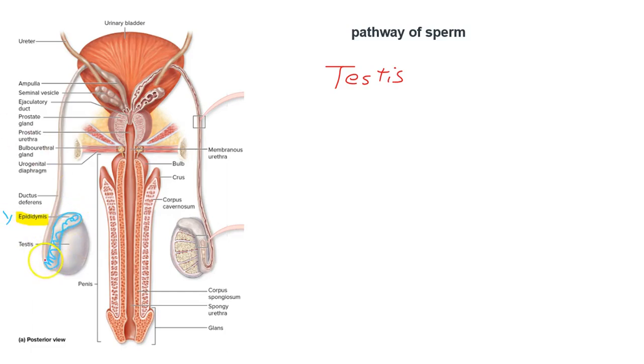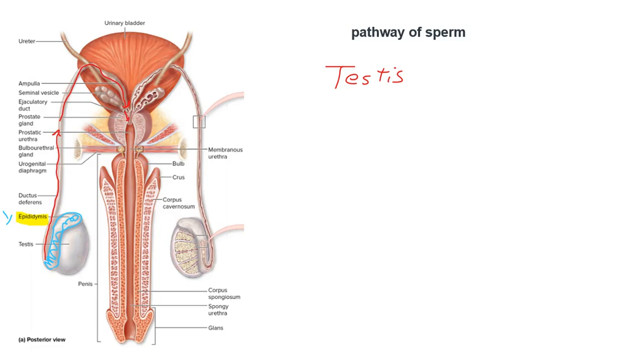Then there is the vas deferens or ductus deferens, which goes upward toward the pelvic cavity behind the urinary bladder. It is joined by the duct of the seminal vesicle gland and makes the ejaculatory duct.